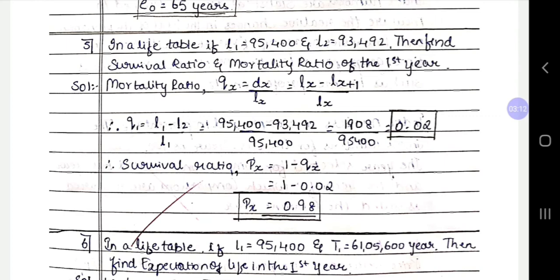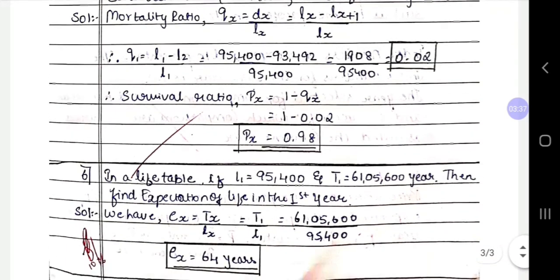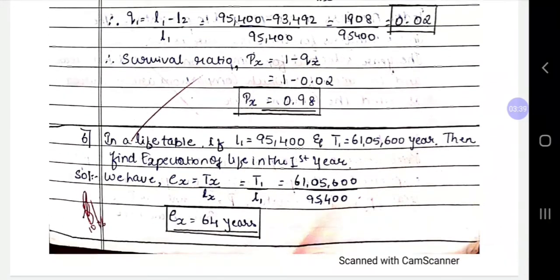Your 95,400 minus 93,492 divided by 95,400, that is 1,908 divided by 95,400, you will get 0.02 as your mortality ratio. Then your survival ratio will be Px, which is equal to 1 minus Qx, that is 1 minus 0.02. Px is equal to 0.98.